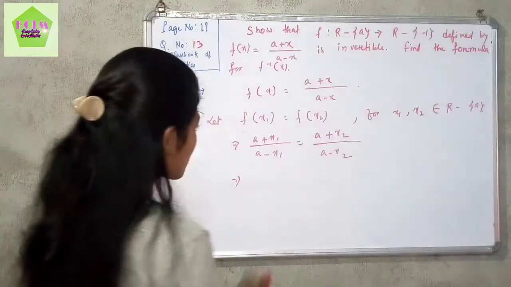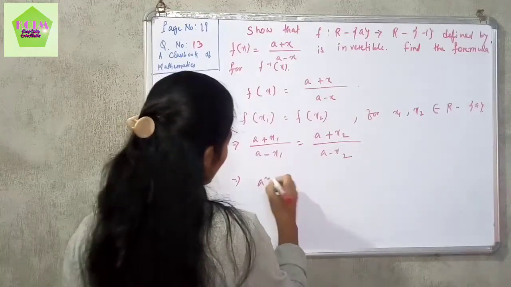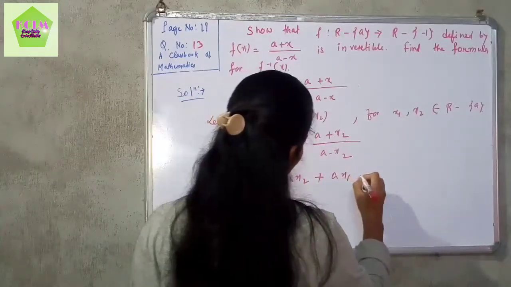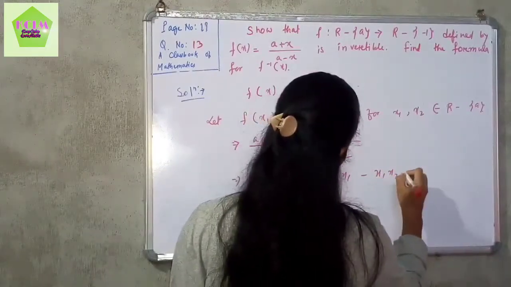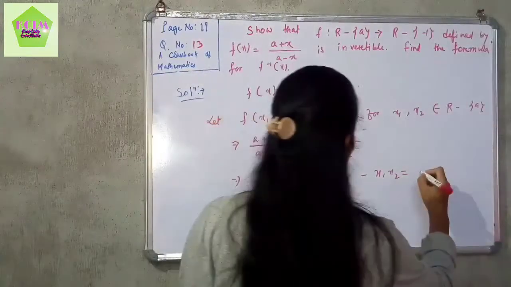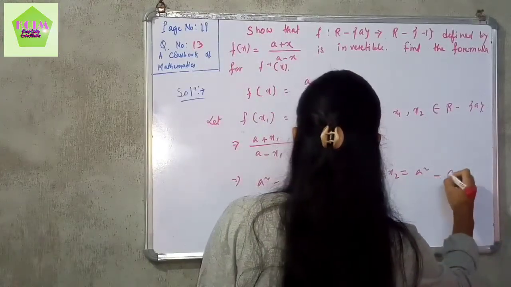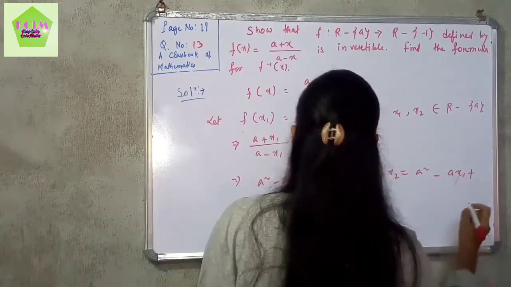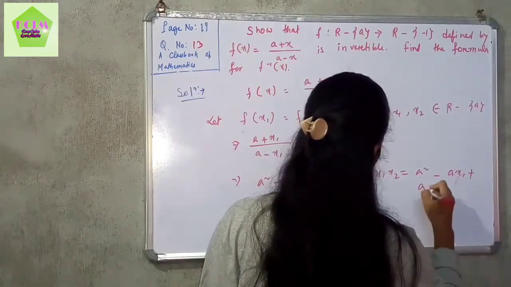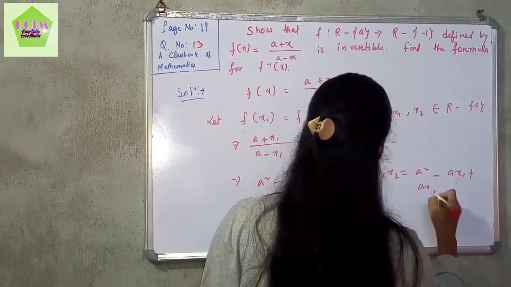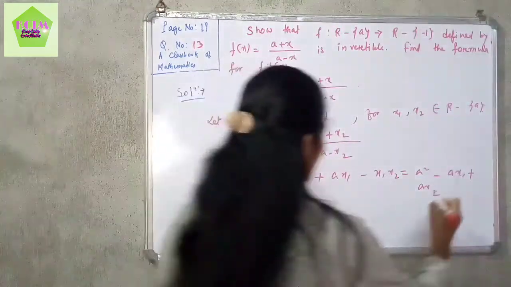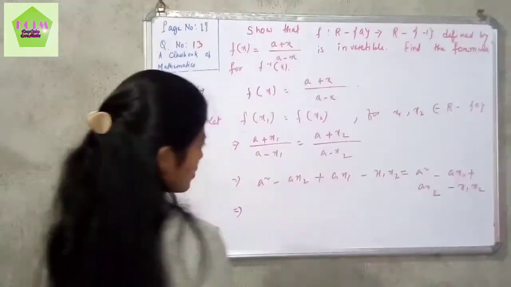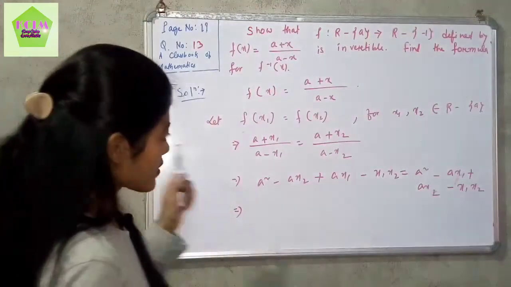So we will cross multiply, then it will become a square minus a x2 plus a x1 minus x1 x2 equal a square minus a x1 plus a x2 minus x1 x2. Now the similar terms will cancel out.